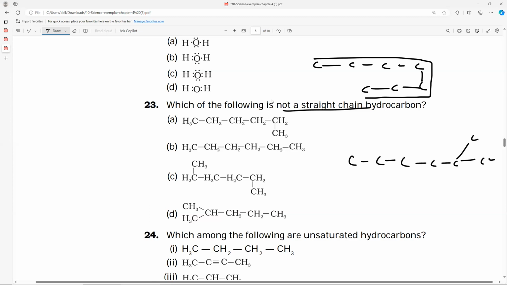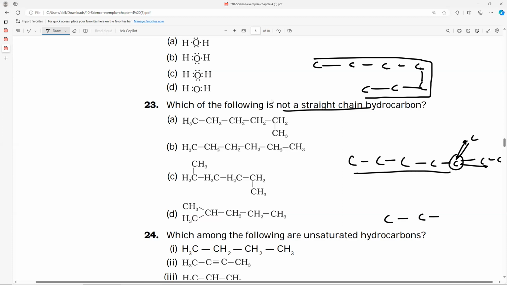When you reach this carbon, you can go this way or this way. So when you have a choice, then it is a branch. When you don't have a choice, then it is a straight chain. Like here, if you come on this carbon, you have to move on to this one. If you come to this one, you have to move on to this one. So there is no other chance.